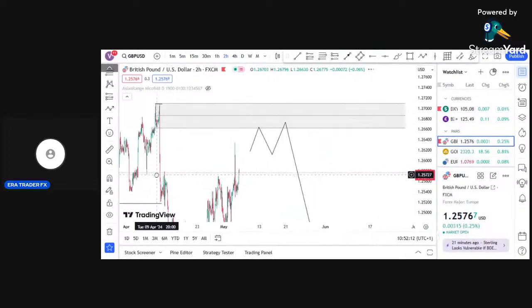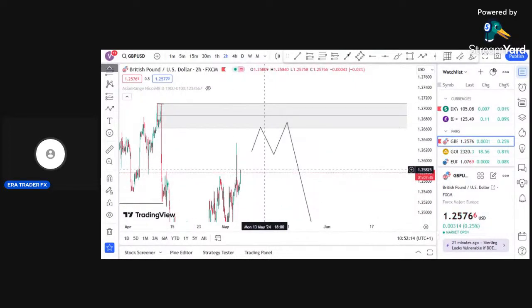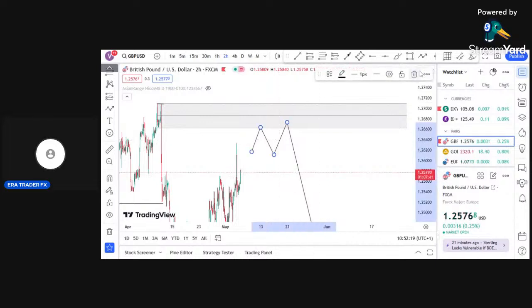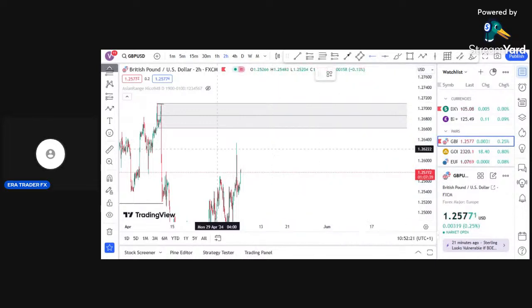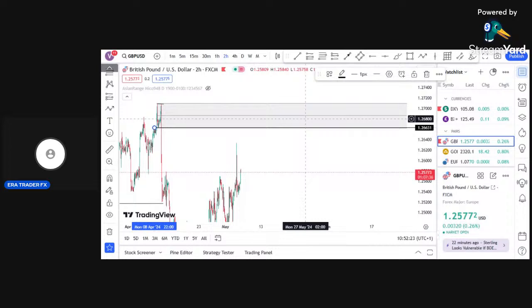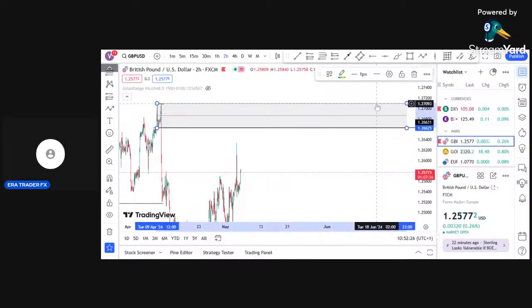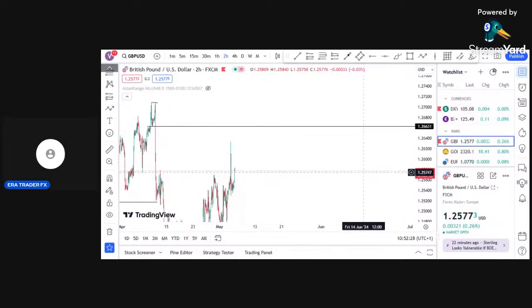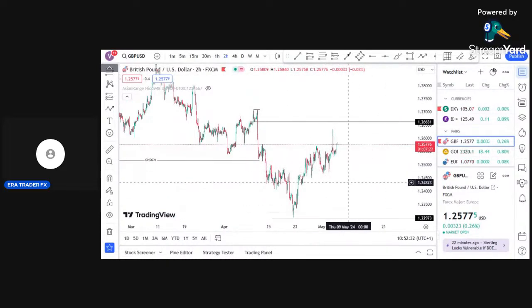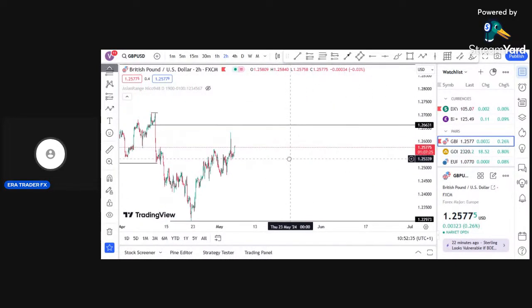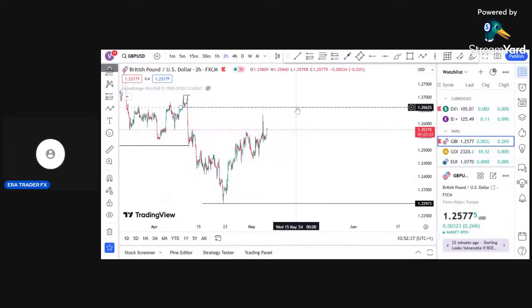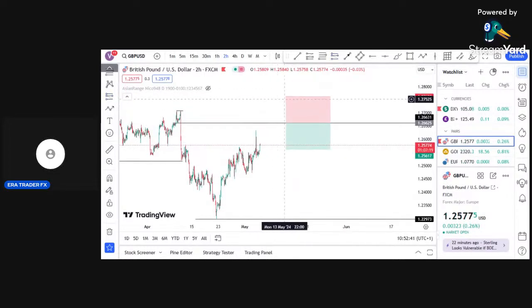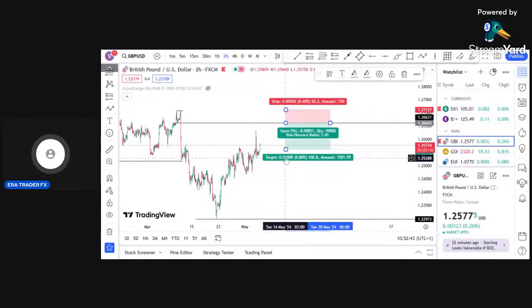We're expecting price to come back into that zone to look for shorts. So we want to be shorting from this region. When price comes to this zone, we should be looking to short all the way down.